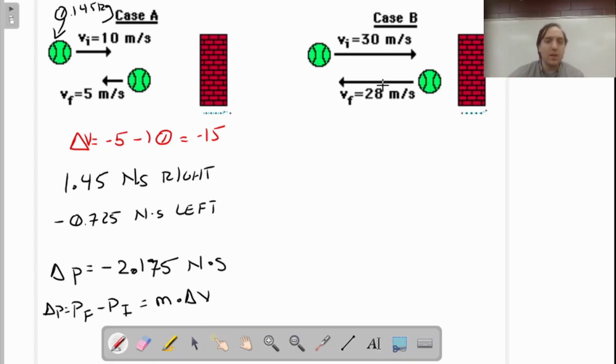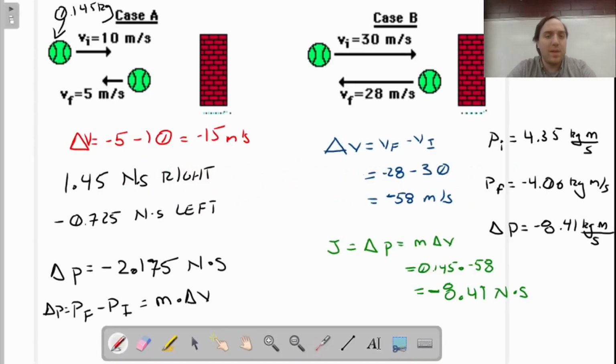Go ahead, calculate case B on your own. All right, if you went through and did the math carefully, you should get 8.41 negative newton seconds or kilogram meters per second. In the blue here, I calculated the delta v, and then I went through in the green and solved it that way, m times delta v. In the black here, I calculated the initial momentum and the final momentum and calculated the difference between them.